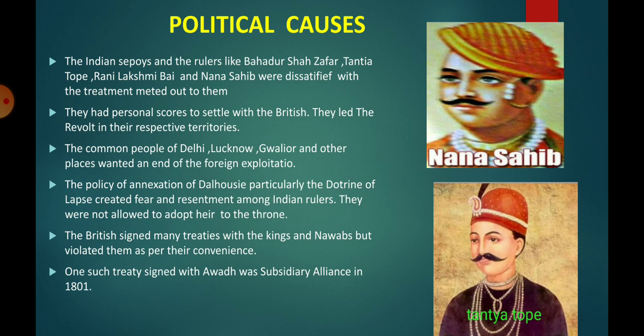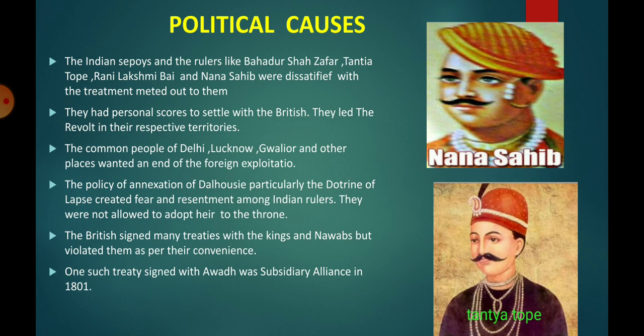And he could not recruit any other European in his service without prior approval. If the British signed the subsidiary alliance with any other king, the king could not recruit any other Europeans in his service without prior approval.